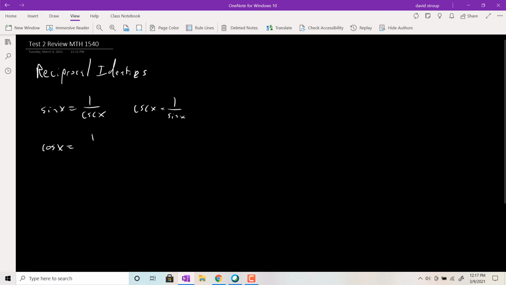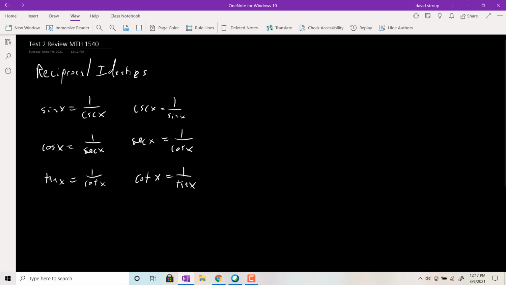Cosine is 1 over secant, and secant is 1 over cosine. Tan is 1 over cotan, and cotan is 1 over tan.